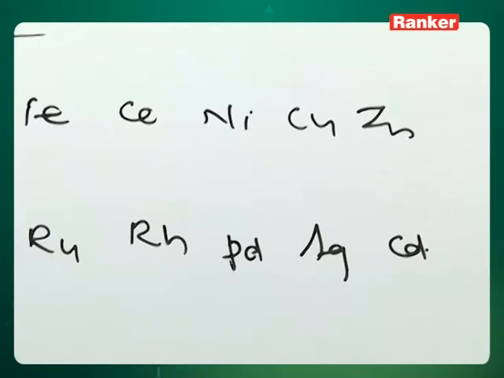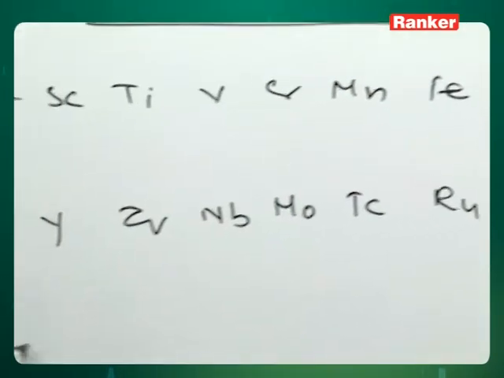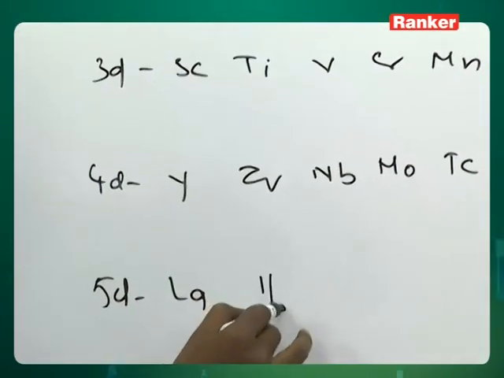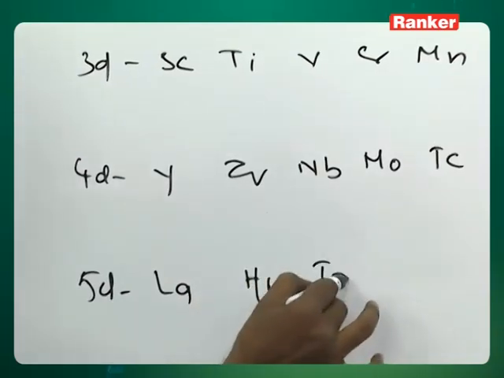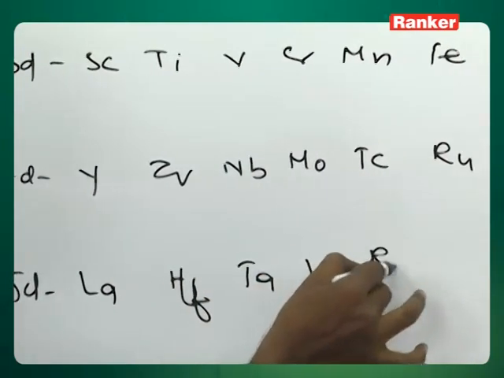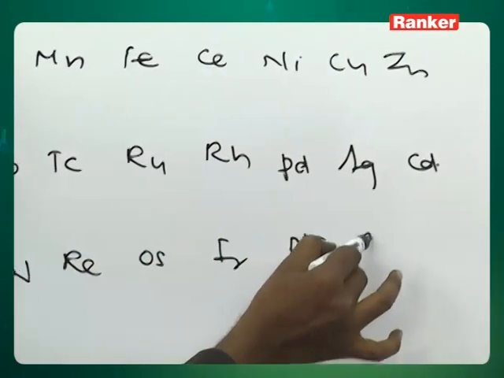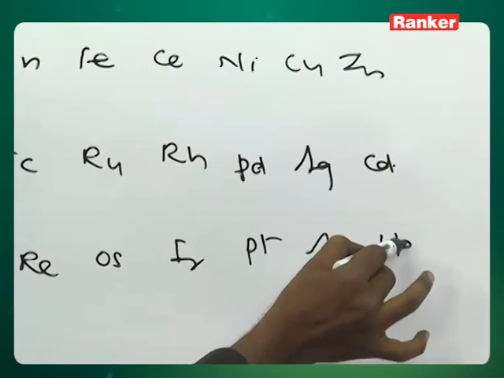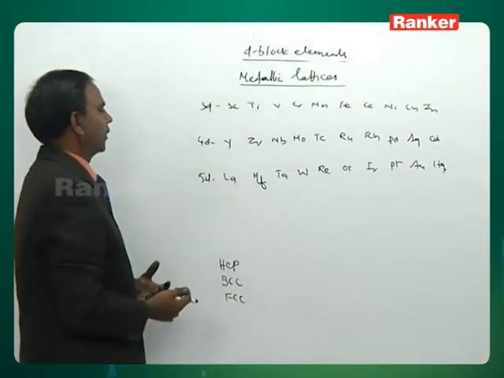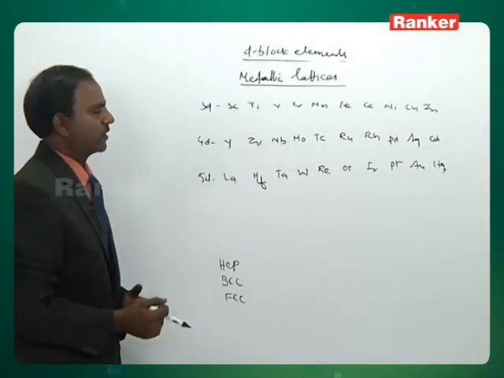The 5d series: lanthanum, hafnium, tantalum, tungsten, rhenium, osmium, iridium, platinum, gold, mercury.